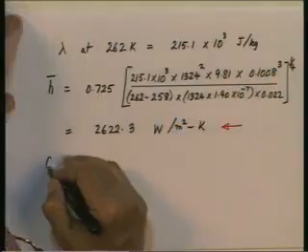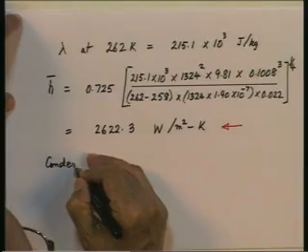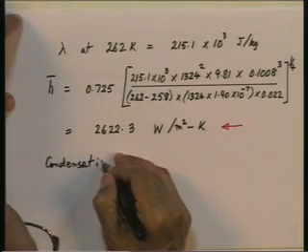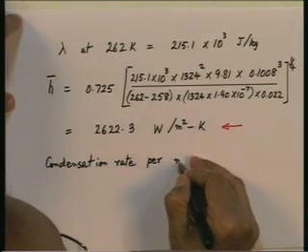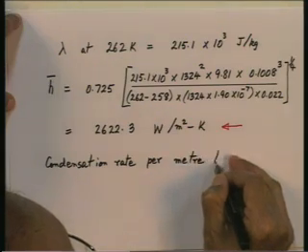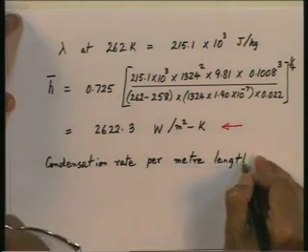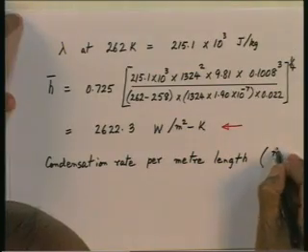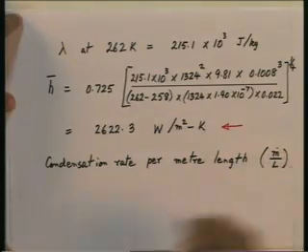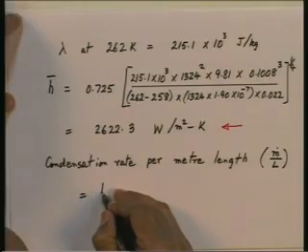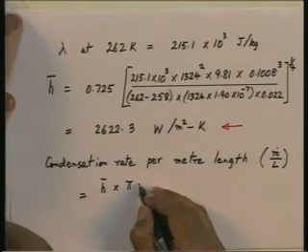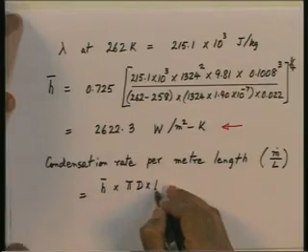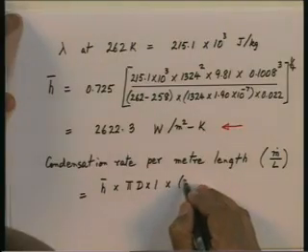So, first let us get the condensation rate per meter length, that will be m dot by L. It will be equal to H bar, the average heat transfer coefficient, multiplied by the area pi d into 1 meter length, multiplied by T s minus T w.